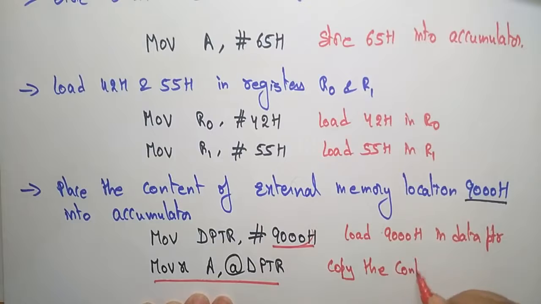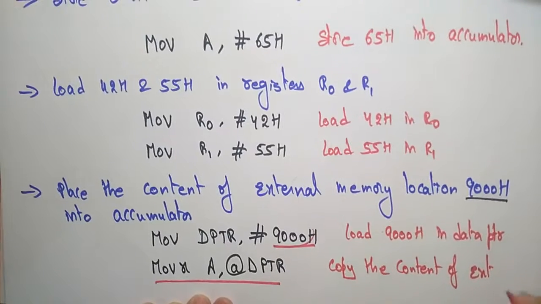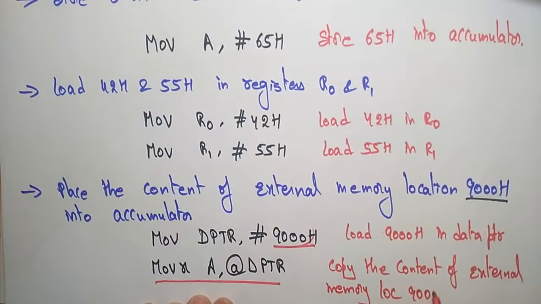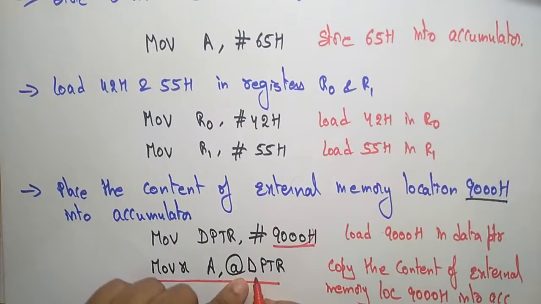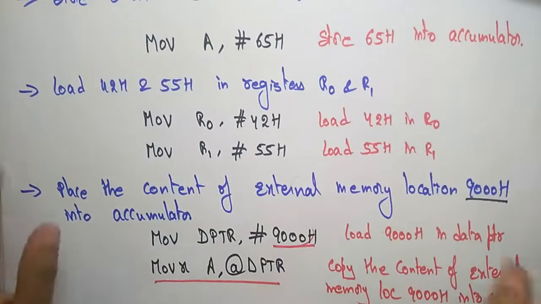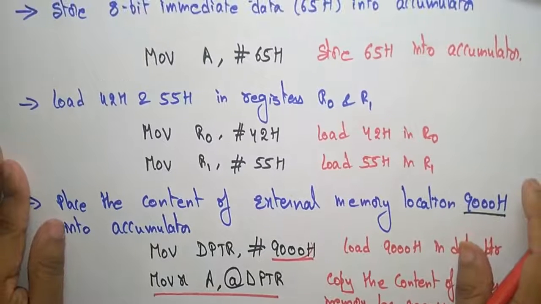Copy the content of the external memory location 9000H into the accumulator. Whatever data is present at this 9000 location has to be moved to the accumulator. So here just the address is copied. @DPTR means the data present at that 9000 location has to be moved to a register.